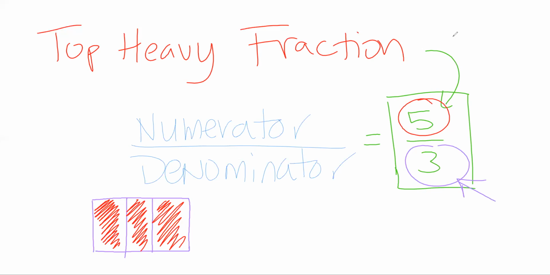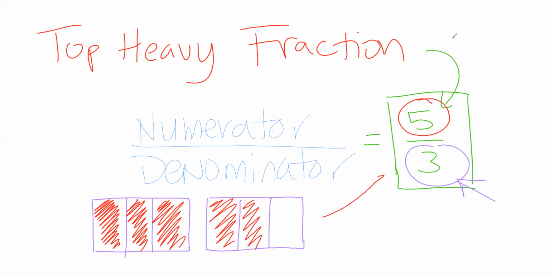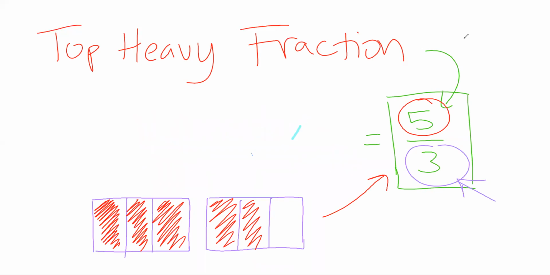So we have to realize, okay, then I just need to create a second whole. That was one whole. Now I need to make a second whole. And this is still thirds. So I did 1, 2, 3, 4, and 5. And that's what 5/3 would really look like. And that's more than 1 because look at what we have here. This piece right here, that's all of it.